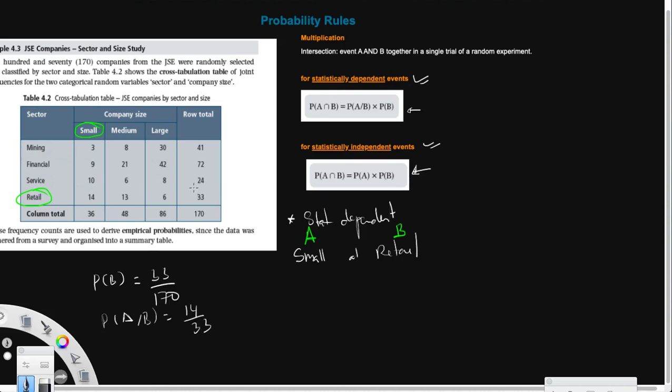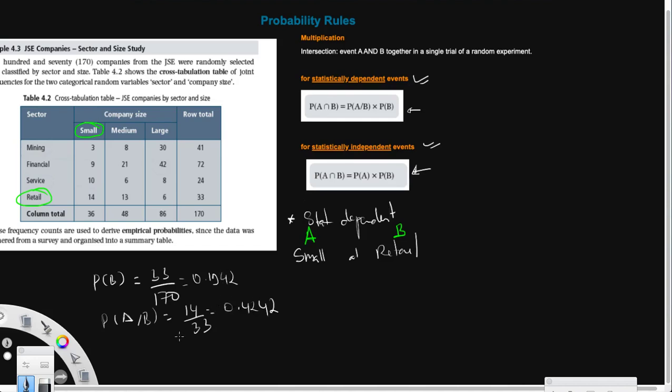Feel free to do and follow along. So here we have 0.1942 and this is 0.4242.